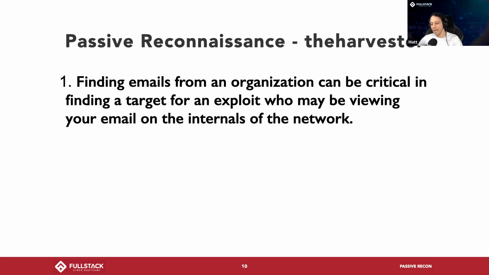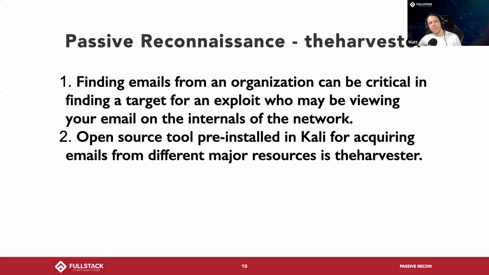You specify which search engine you want to use and how many pages deep you want to search, and you'll be able to get some hits sometimes. It's open source, so you can actually look at the code and see how it works. It's already in Kali, and it's a well-known tool.